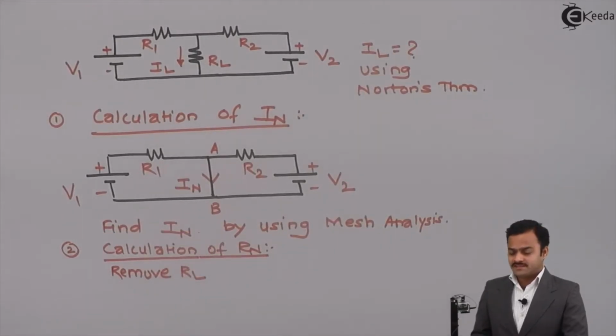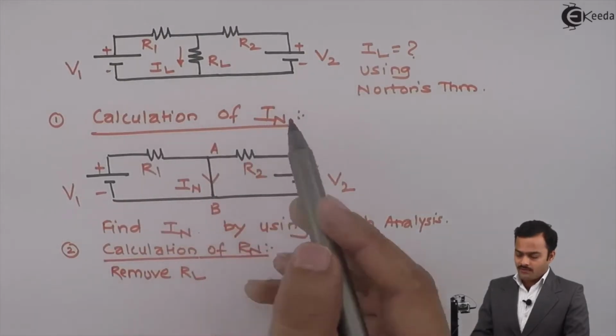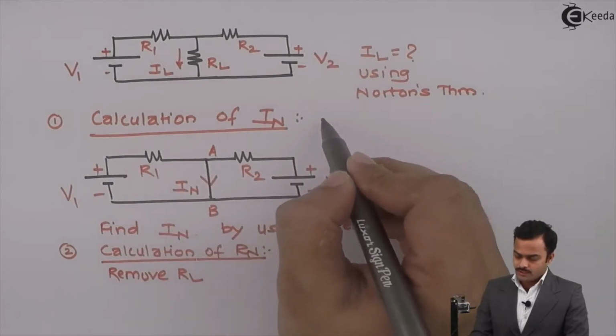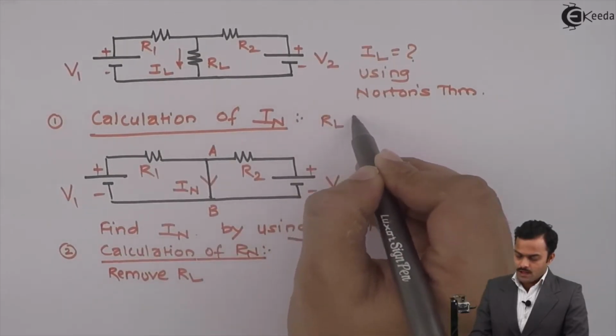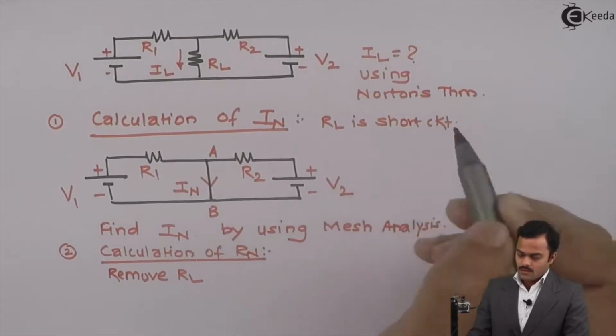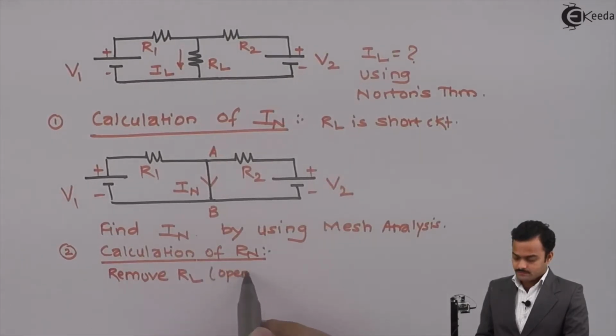Let's not confuse ourselves. Here, while calculating IN, what have I done? RL I have replaced with a short circuit. So I should write over here, RL is short circuited. And for calculation of Rn, I am saying remove RL. That means I will open circuit RL.